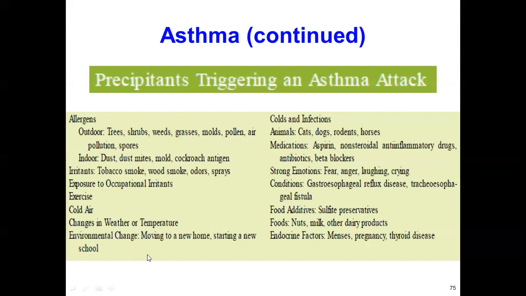Environmental change, cold and infection, animal dust, some medications like aspirin, non-steroidal anti-inflammatory drugs, and beta blockers act as a trigger, a precipitating factor.